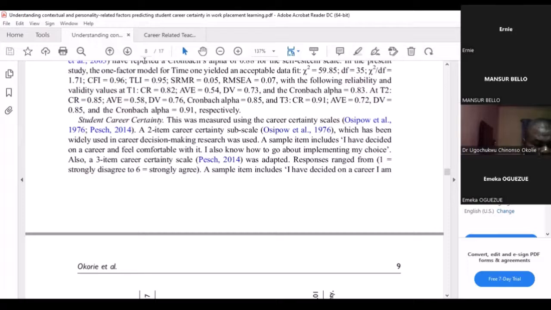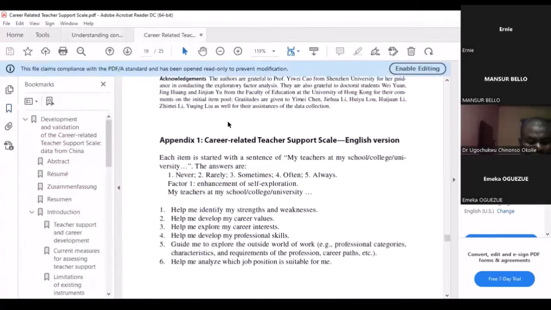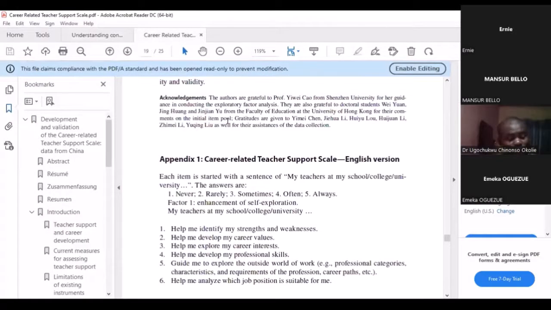If you go through the first paper on the development and validation of the instrument, you will see that Zhang et al. first conducted a qualitative study where they interviewed a group of students on career-related teacher support that they may likely need.